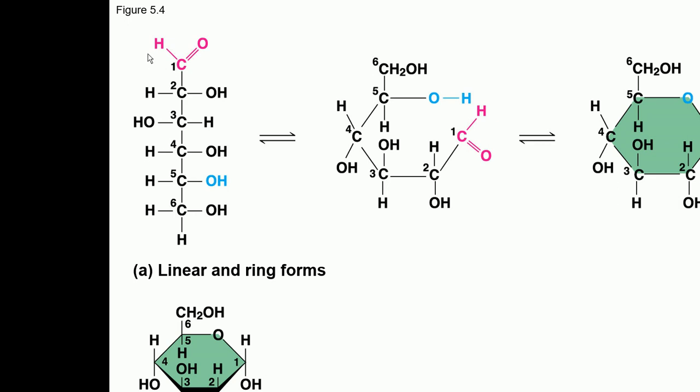So this is carbon number 5, and this is the oxygen which is linked to it, and this is carbon number 1. So they form together a bond with each other.